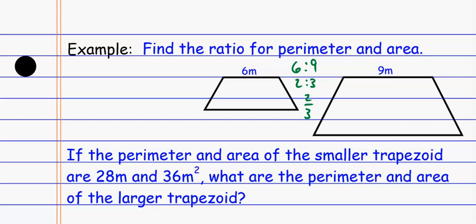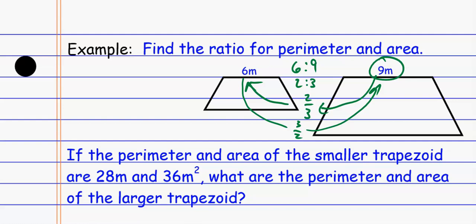And so that becomes the scale factor to go from the big one down to the small one, right? Watch this. 9 times 2/3 gives me the 6. Okay? And if I wanted to go the other way, I would use a scale factor of 3/2. Okay? And so it's just a matter of which way I'm comparing this. If I compare the small one to the big one versus the big one to the small one, of course my ratio will be reversed. Okay?